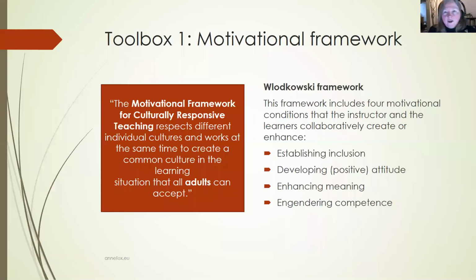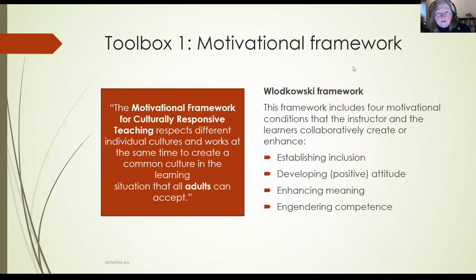So the framework by Wlodkowski is actually aimed at adults. So here, we're not talking about children. He was working with adults, and he came up with a suggestion for how to make adults feel comfortable in training. And he came up with this framework, which comprises 4 different elements.